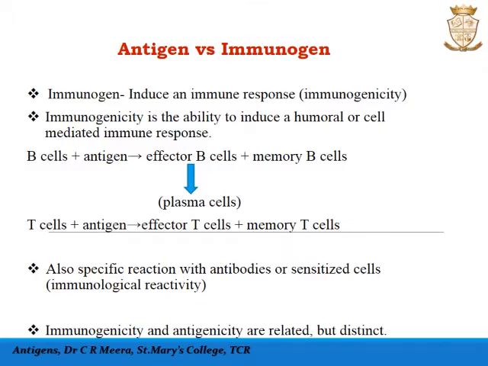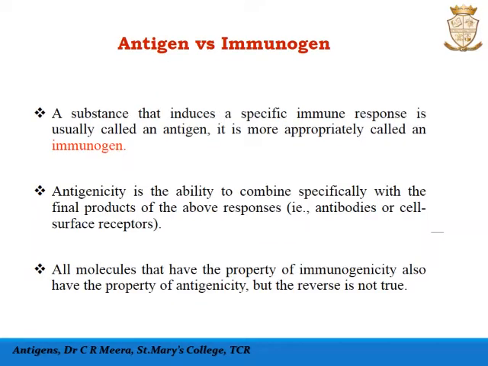In general, for all substances that induce a specific immune response, we use the term antigens, but more appropriately, they are called immunogens. Antigens are the molecules that possess antigenicity.